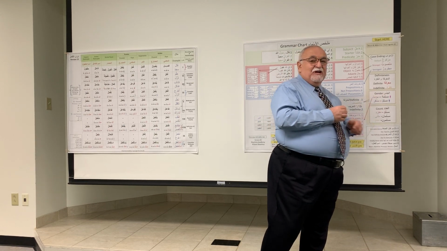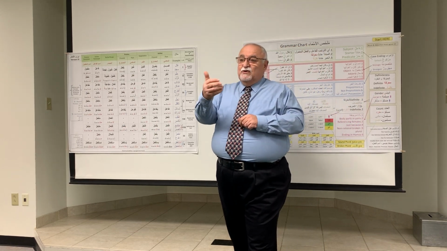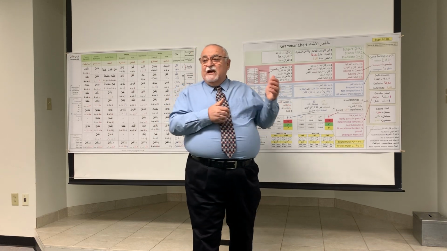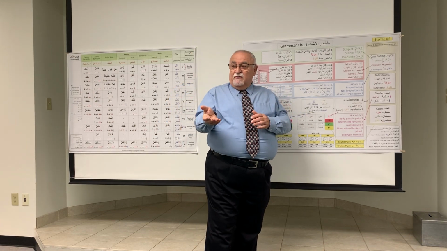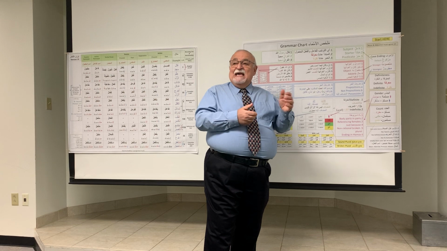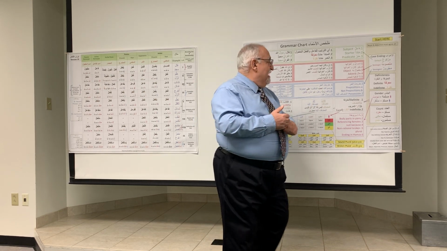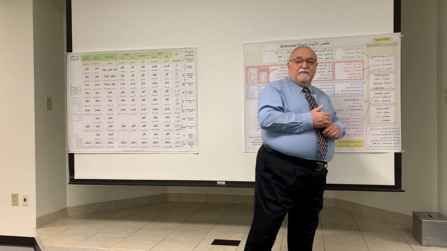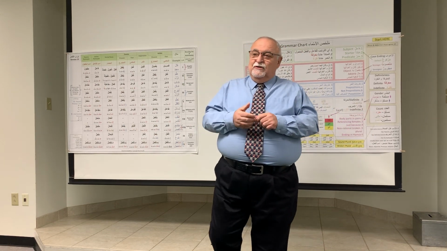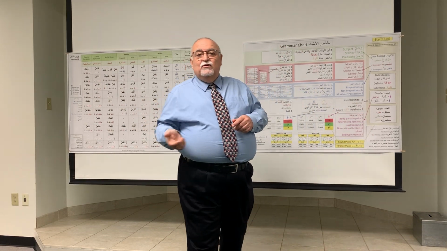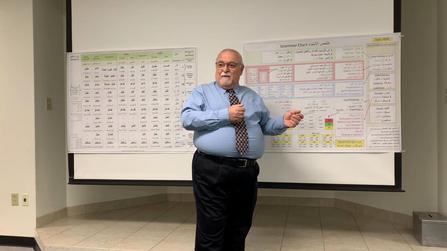They have to agree on the gender. So when I say رجل, I have to say جائع. If I say امرأة, a woman, جائعة, both of them have to be feminine. And finally, they have to agree on the count. الرجل جائع, الرجال جائعون. All right?